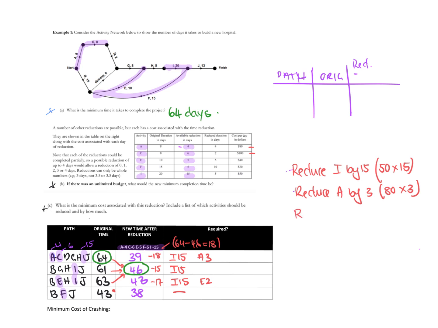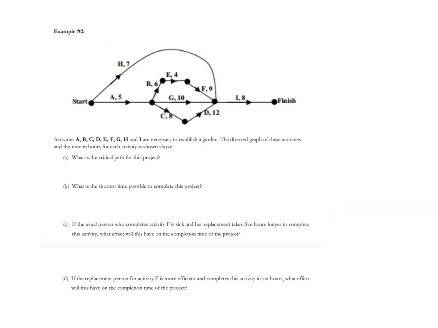And then you need to reduce E by 2, and E costs us $40 a day. So this is going to be your minimum cost. You add all of them up, and you get a minimum cost of, I think it was $1,000.70.